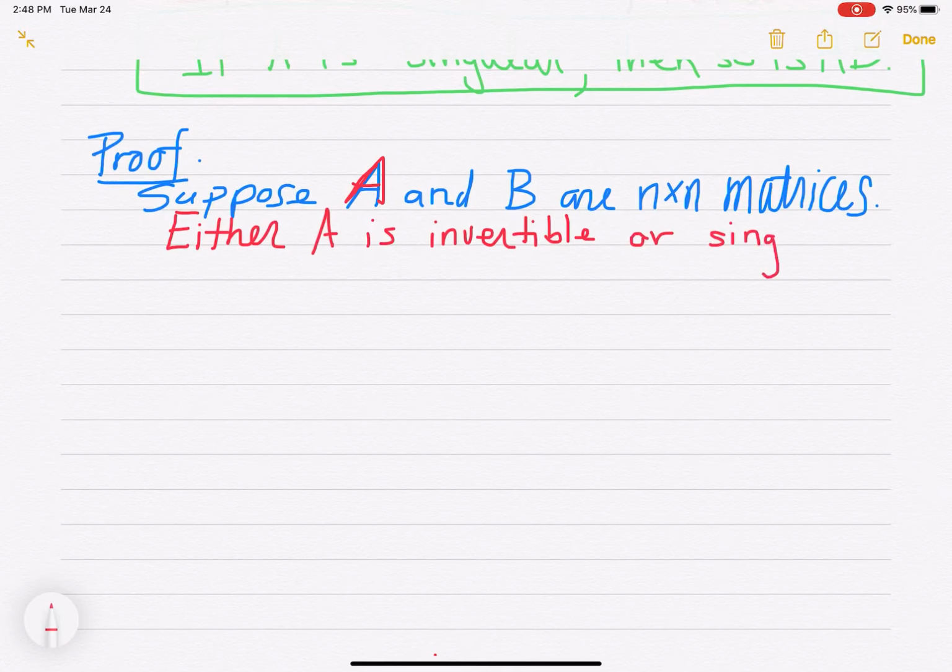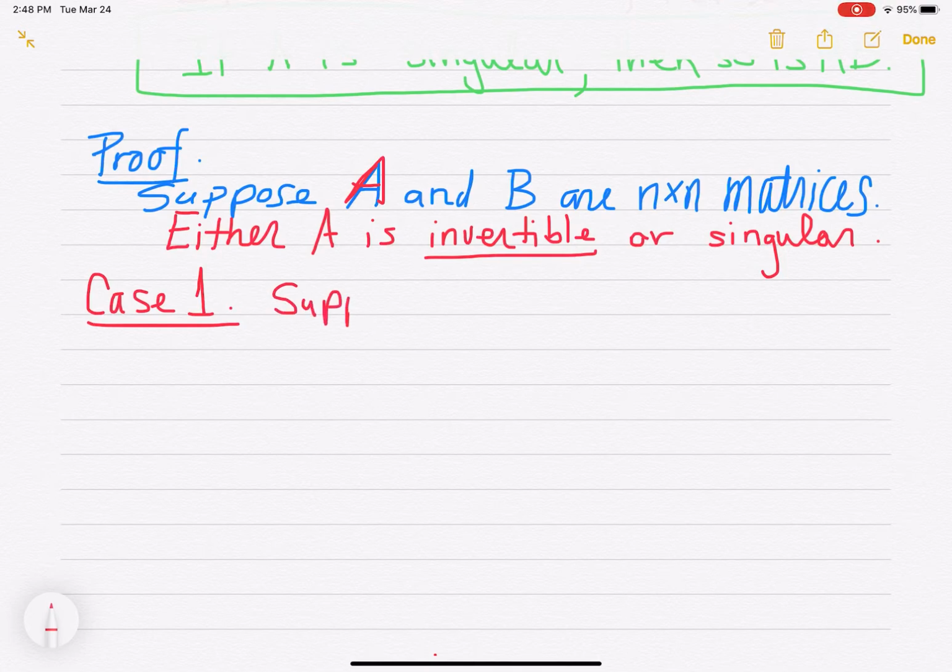Invertible or not invertible. So there are two possible cases to consider. Let's consider the first case, case one. Suppose A is an invertible matrix.